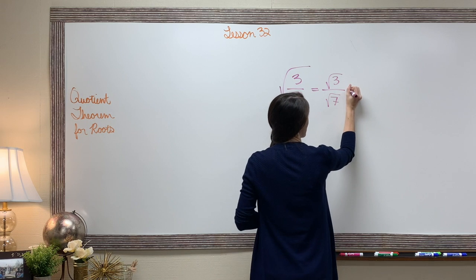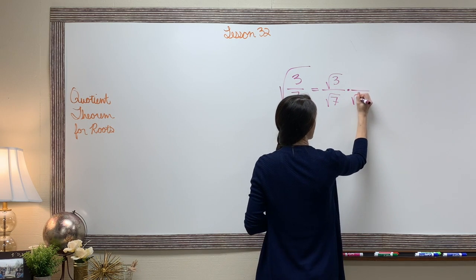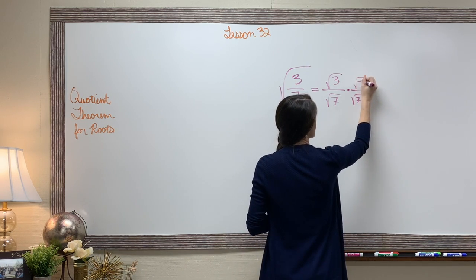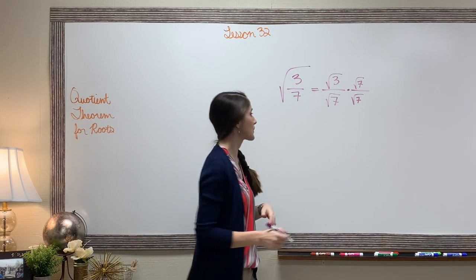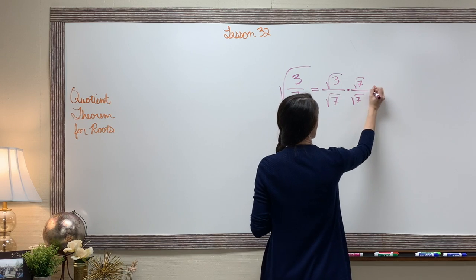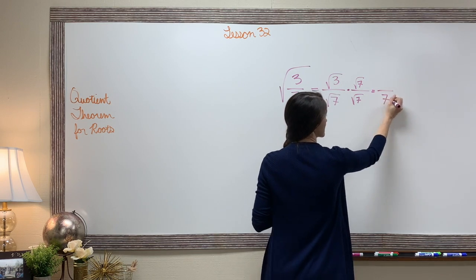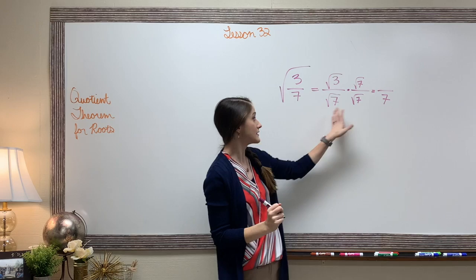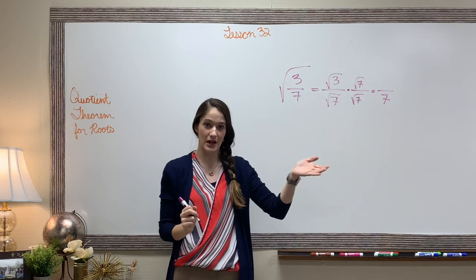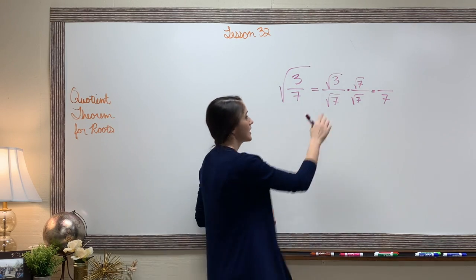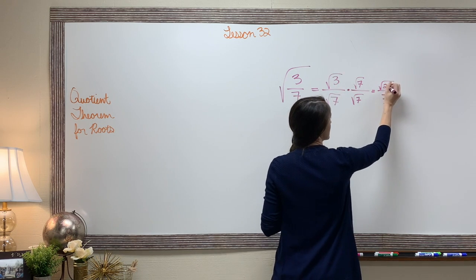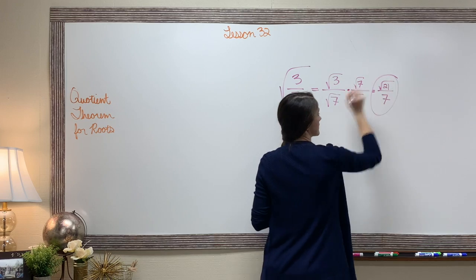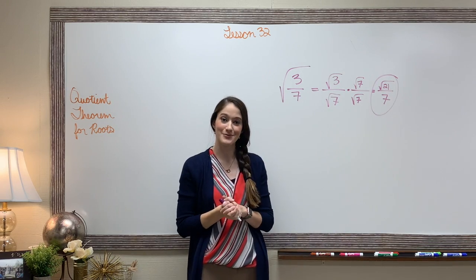So I need to multiply this fraction by the square root of 7 over the square root of 7 because it's something times itself, which equals 1, so it's perfectly legal. So when I do that, my denominator becomes just 7 because these would end up being the square root of 49, and the square root of 49 is 7. And then in here, I'm going to multiply my two roots together to get root 21. And so that is my answer.